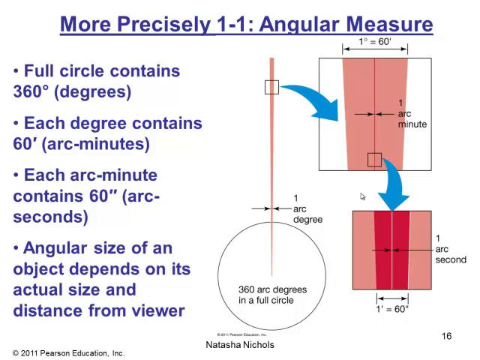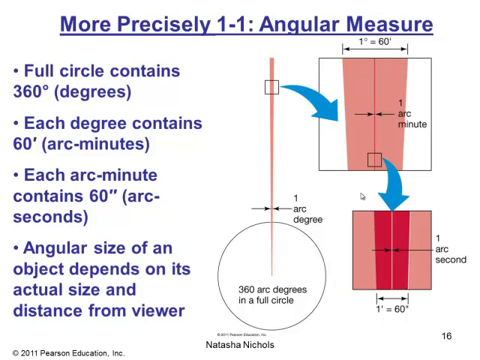Of course, the stars are much further away than the moon, but when you think of the celestial sphere, you can measure distances on the sky as angular distances in degrees, arc minutes, and arc seconds. Again, an arc minute is 1/60th of a degree, and an arc second is 1/60th of an arc minute.